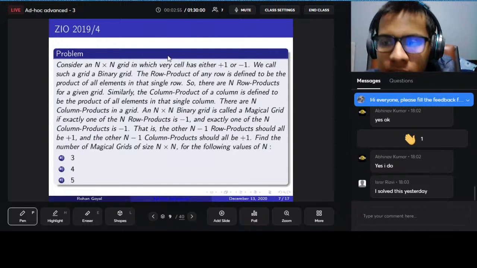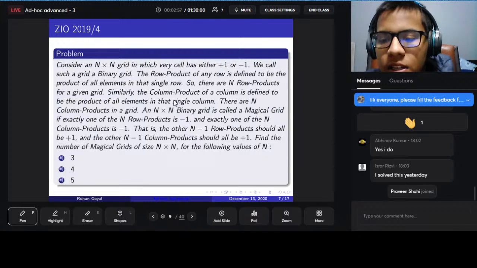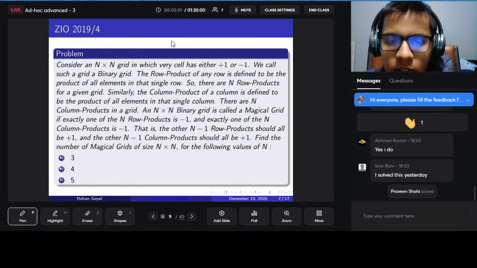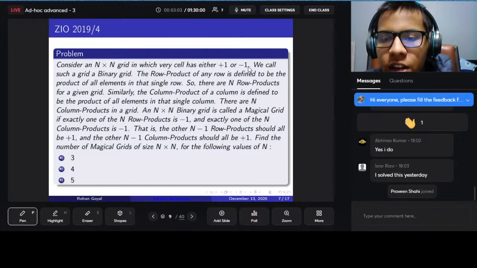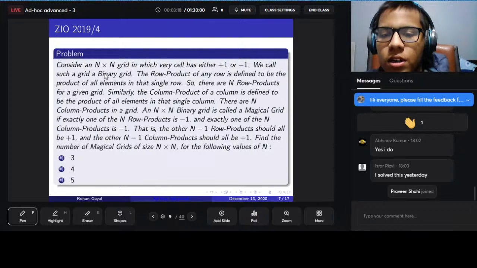You have an n by n grid. That's n square, n rows and n columns, and you have unit squares everywhere. Now, in every cell you can write the number 1 or minus 1. Such a grid is called a binary grid. Now, the row product of any row is defined to be the product of all elements. So, you just multiply the elements in that row and you call that value the row product.